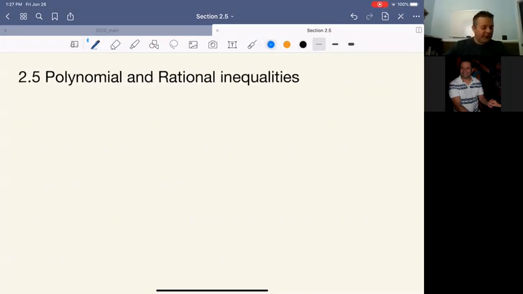Okay. So let's start. Let's say we have a graph like this. We're going to do a polynomial one. So let's say it looks like so.